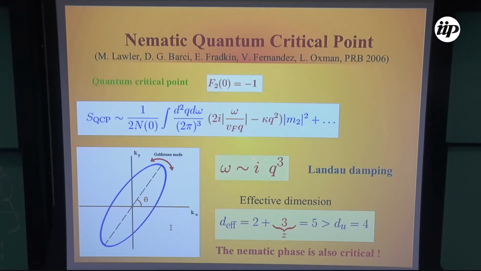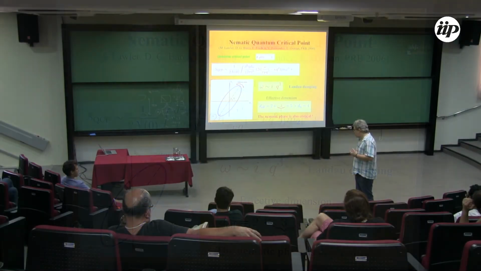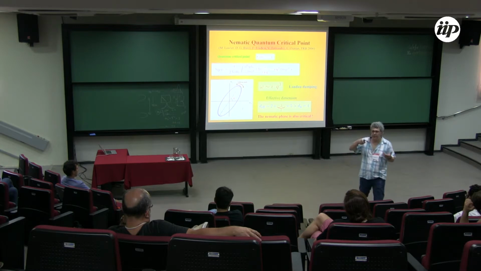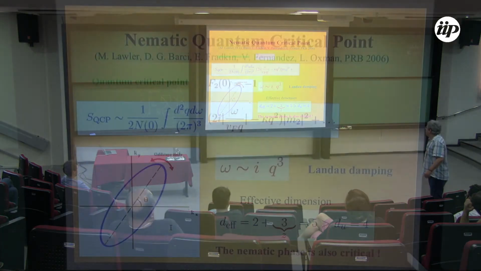So the low energy physics of this critical point is dominated by this type of dispersion. So 3 is essentially the dynamical exponent, and the effective dimension is 5. So it's higher than the upper critical dimension, so we are safe that any calculation at mean field is exact if you compute the exponents.